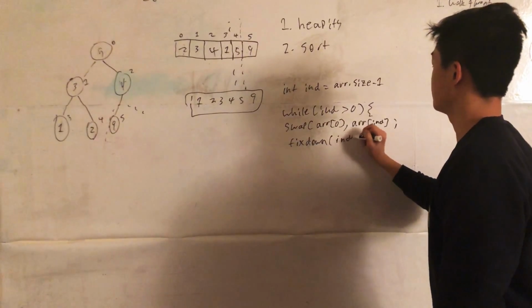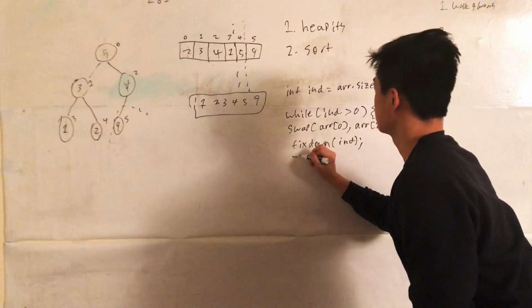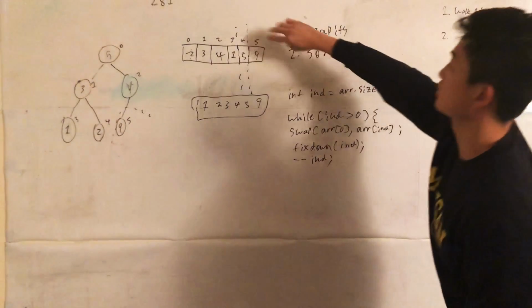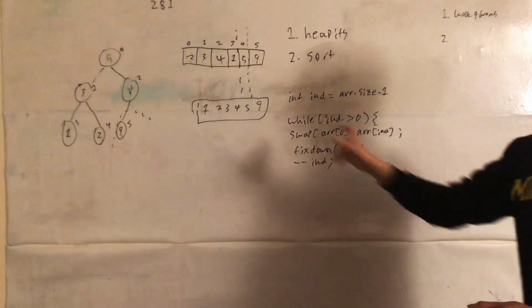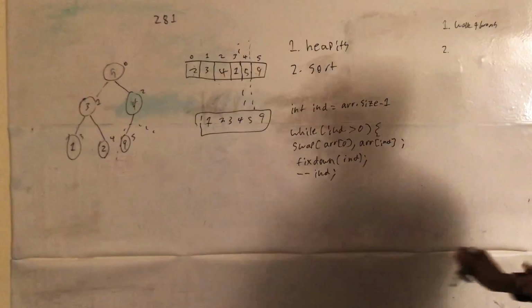So just apply the index. And we would decrement ind, so that is essentially closing off the 9 and then closing off the 5, so that the play area for the array decreases with each iteration of the while loop.